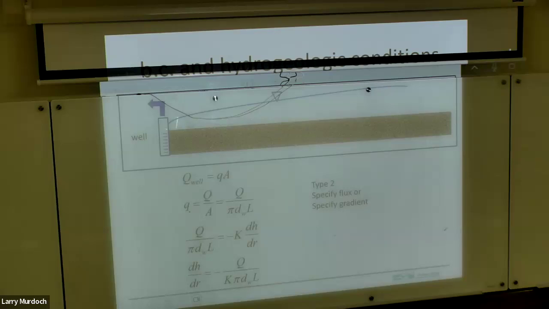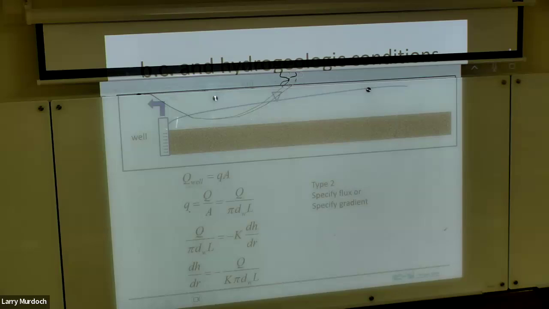Here's another condition where we have a well. And if we have a well, then we've got flow going to this well. We know what the volumetric rate coming out of the well is, right? Because we can measure that. That equals the flux right here at the well times the cross-sectional area.